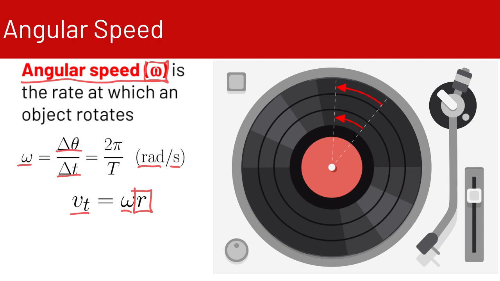So for example, if something is sitting here on the record, whatever the angular speed is, times how far it is away from the center of the circle, that distance r, multiply those two together, and that gives us the tangential velocity.